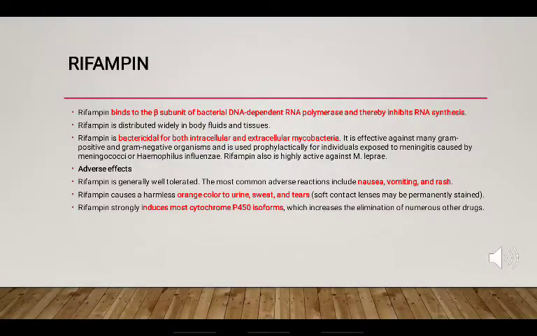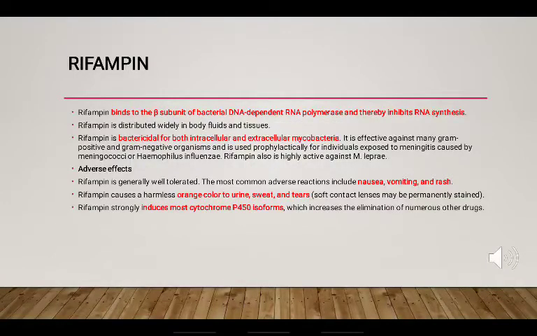It can be used prophylactically for patients exposed to meningococci or Haemophilus influenzae, and it's also effective against Mycobacterium leprae. So it's a good antibiotic. It's effective against tuberculosis and against other gram-positive and negative organisms.